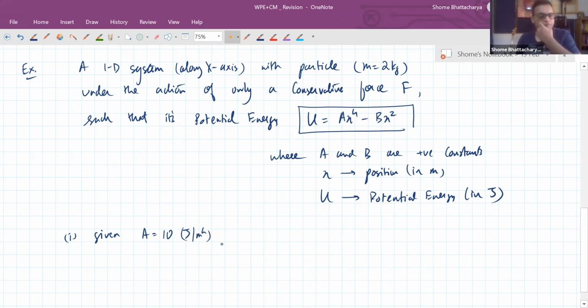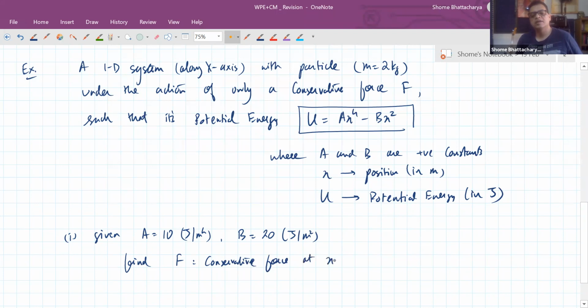Okay. So first of all, given that A is equal to 10 joules per meter to the power 4 and B is equal to 20 joules per meter square, find F, that is the conservative force at X equal to X. Secondly, from that, we will find the equilibrium points for the particle.